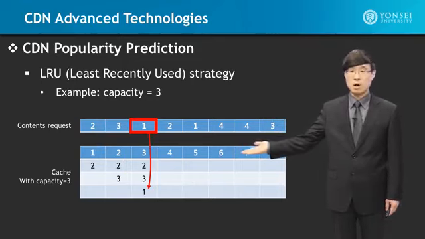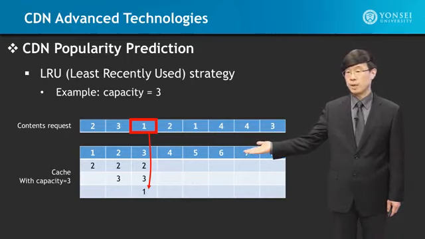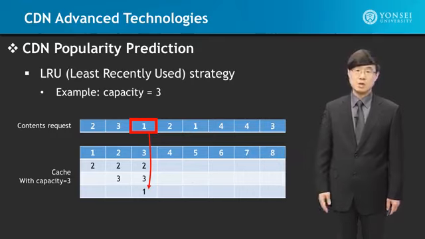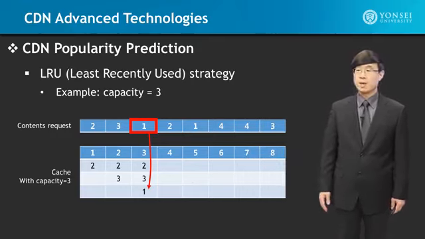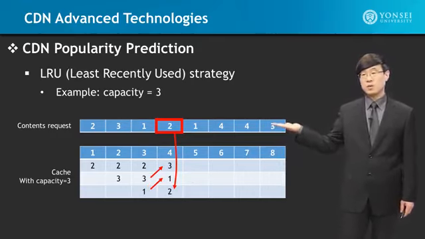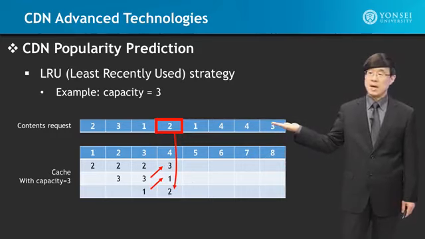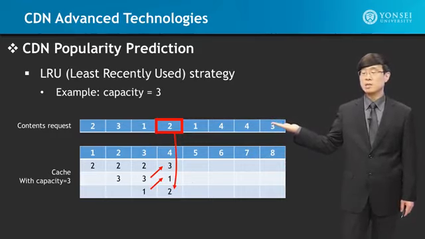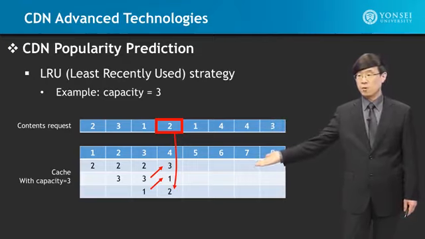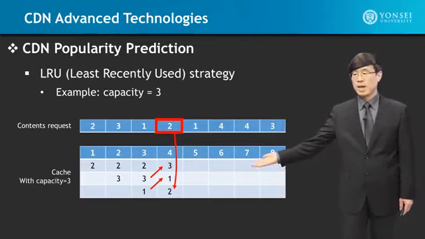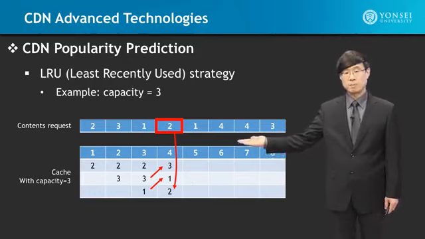So far there's no conflict because we have a buffer size, a cache capacity of 3, and 3 types of services have only been used. Then we have service 2 being requested. As content 2 is requested, content 2 is one of the most recently used, so therefore it goes into the high position, and content 1 and 3 shift up.